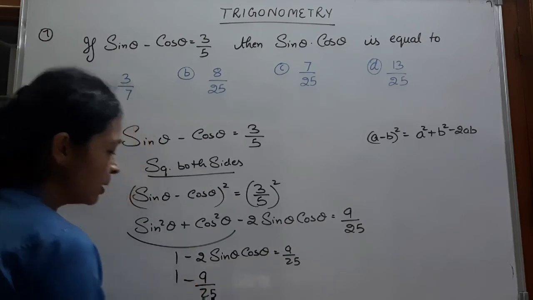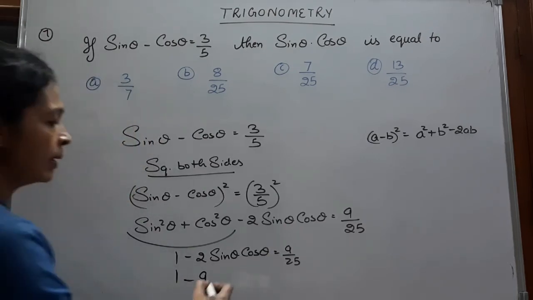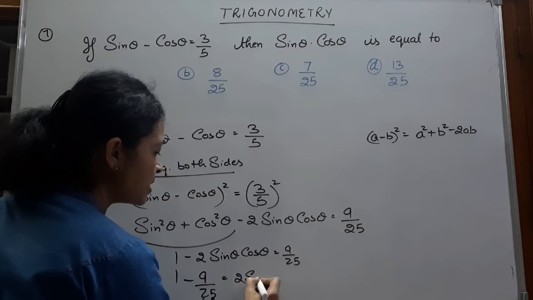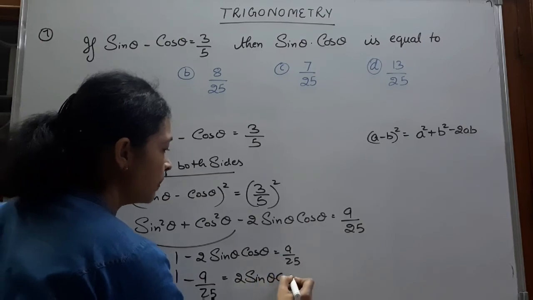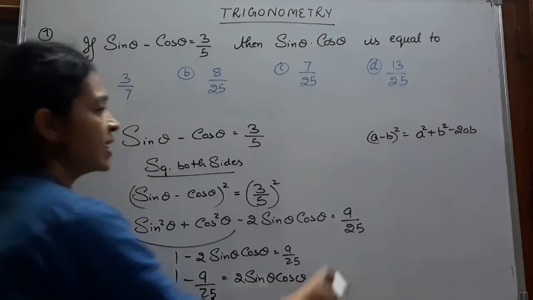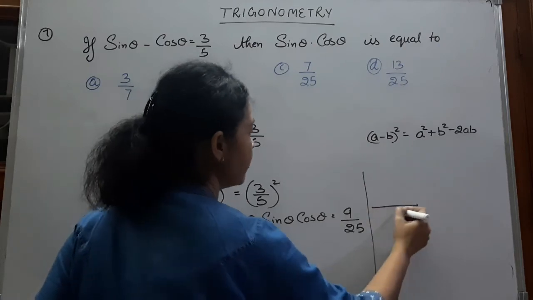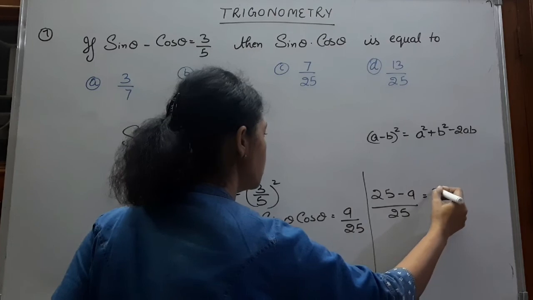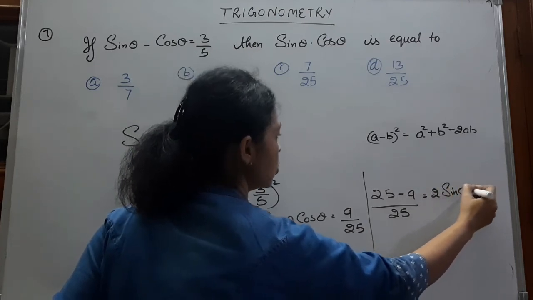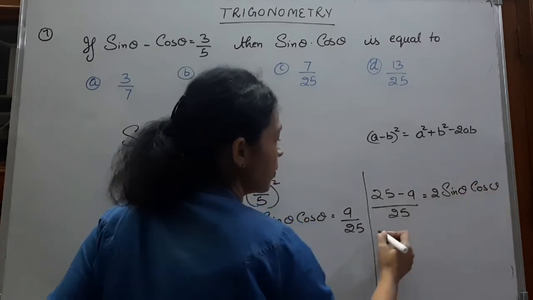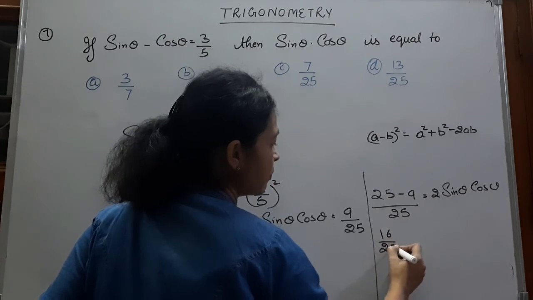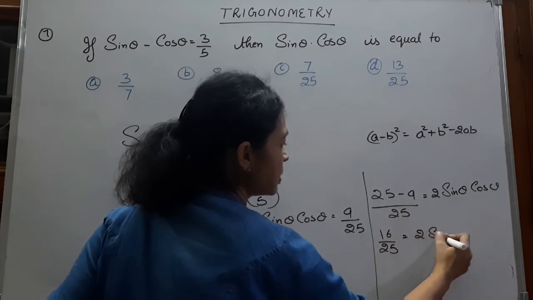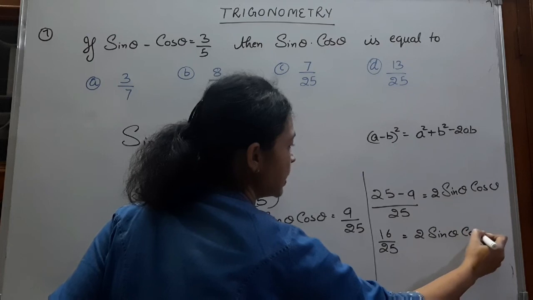We will subtract 9 by 25 from 1, which equals 2 times sin theta cos theta. 1 minus 9 by 25: take 25 as LCM. 25 minus 9 equals 2 times sin theta cos theta. We have 16 by 25 equals 2 times sin theta cos theta.